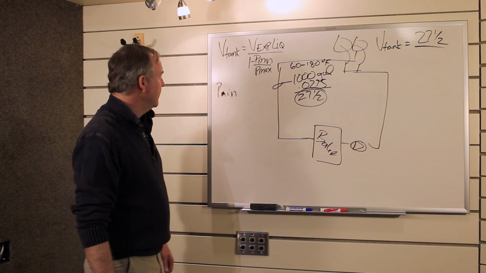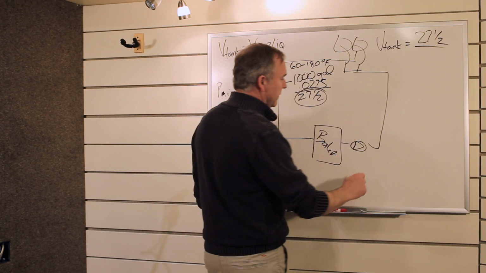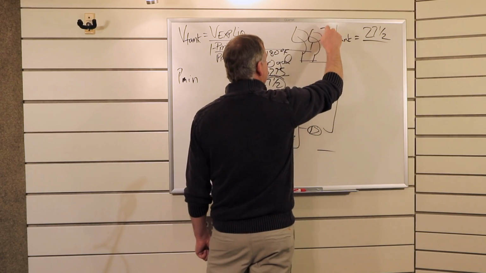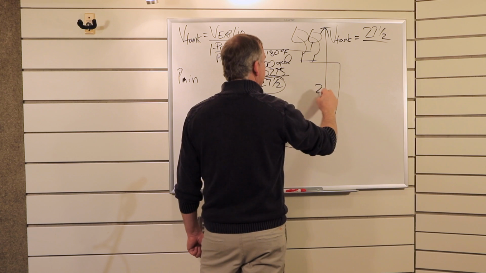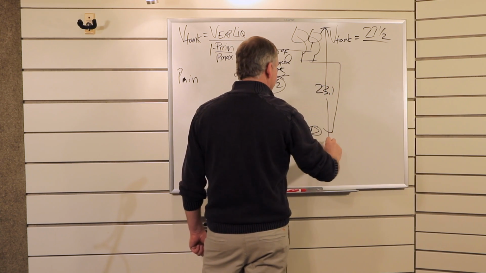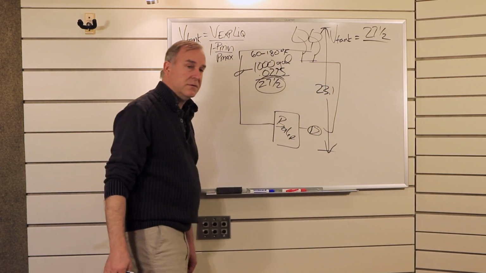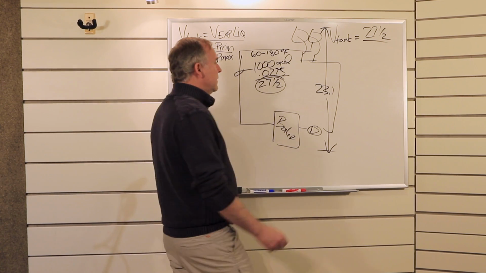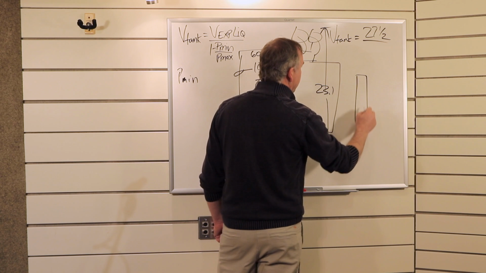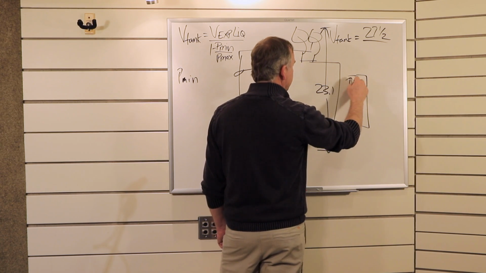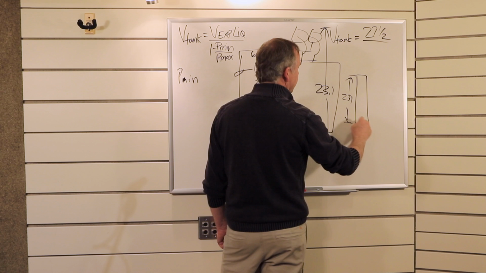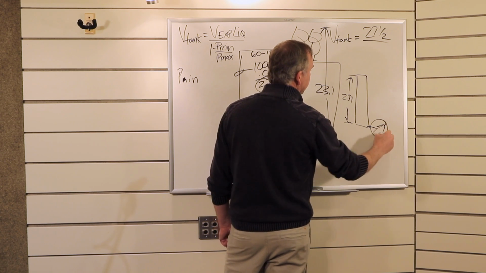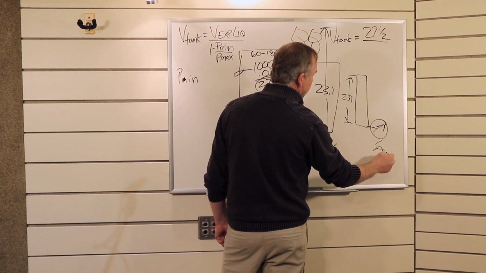Well, you need some more information, more than what I've given you here. We need to know the height of this system. So let's say this particular system is 23.1 feet tall. I've chosen that height to make the math really simple here, because if you take a column of water that's 2.31 feet tall, you put a pressure gauge on the bottom of that, that gauge is going to read 1 psi.